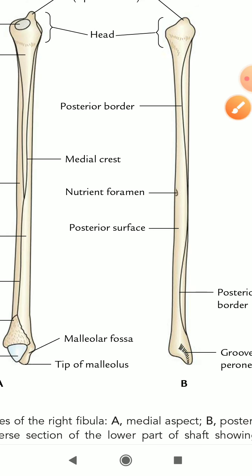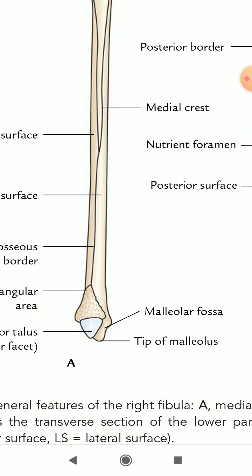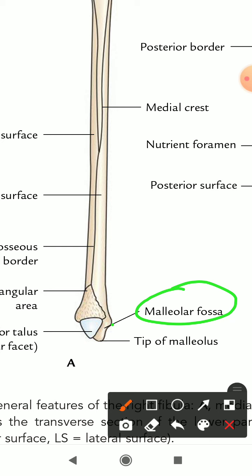And we will see there is a depressed area which is called malleolar fossa in the lower end, and this depressed area or the malleolar fossa provides attachment to the tibiofibular ligament as well as the posterior talofibular ligament.